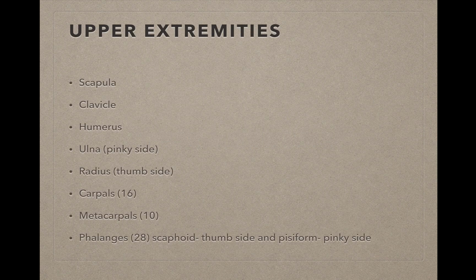Upper extremities: scapula, clavicle, humerus, ulna, which is pinky side, radius, which is thumb side, carpals, there are 16, metacarpals, there are 10, phalanges, there are 28. Of the carpals, you will need to remember the scaphoid, which is thumb side, and the pisiform, which is pinky side.